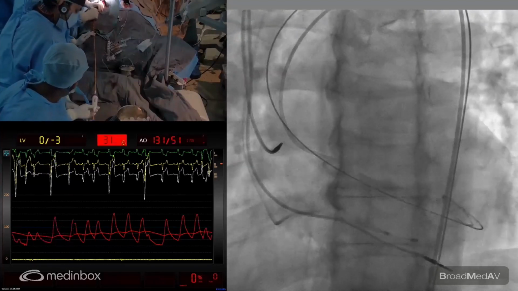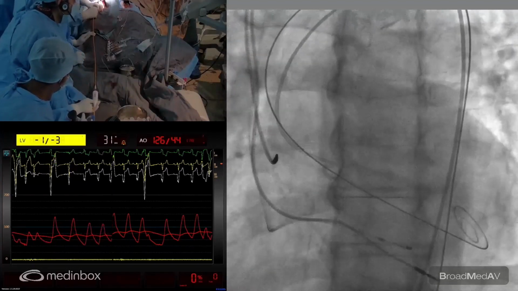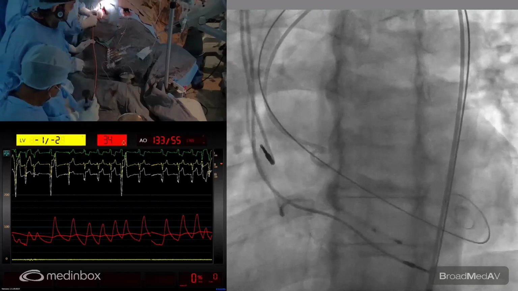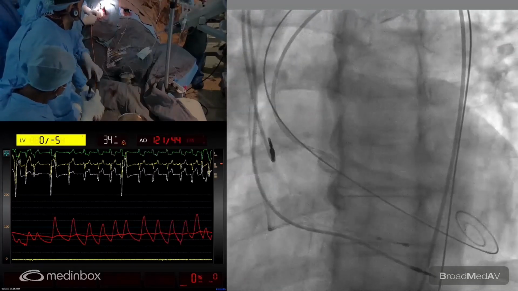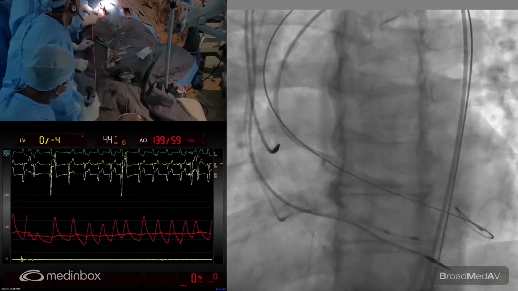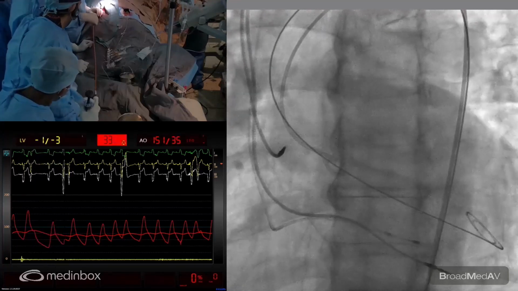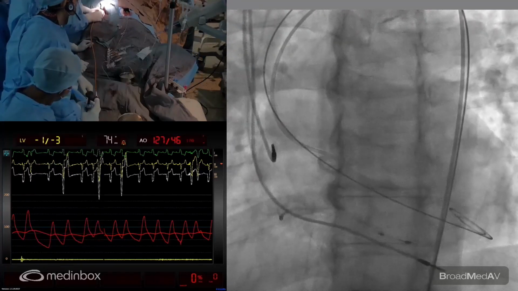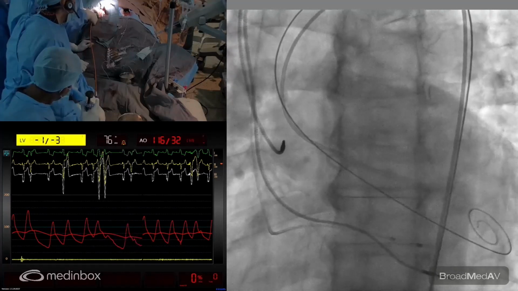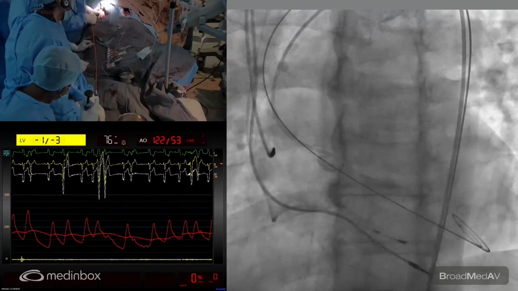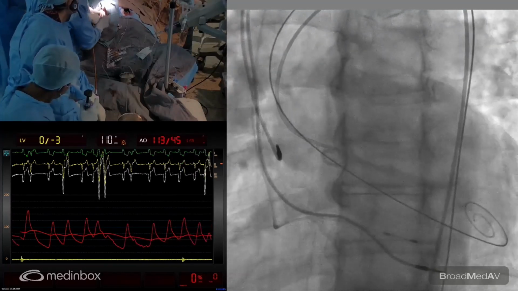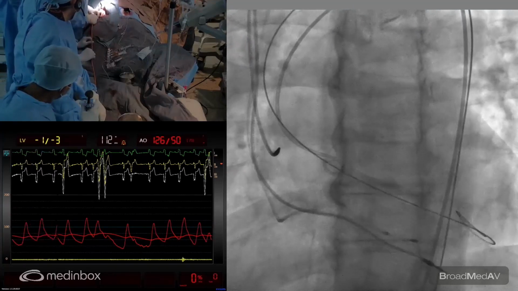Okay. Now I'm going up with the valve, and as Ashish holds, just hold the wire back, please. Yes, I'm holding it. Okay, that's okay. You can see that's a bit difficult. Is the introducer fully in, sir? Yep.